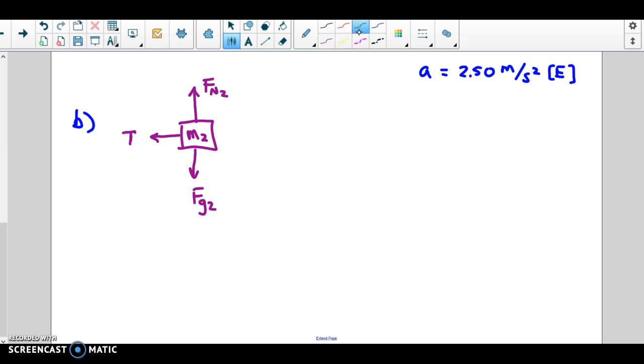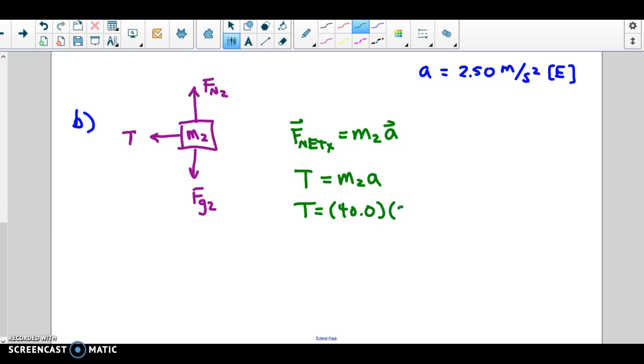I'm going to write Newton's second law in the x direction. F net in the x direction is equal to the mass of toboggan 2 times the acceleration. Because I chose a really easy free body diagram, there's only one force in the x direction, which is tension. That's equal to m2 times the acceleration of that toboggan. m2 was 40 kilograms.